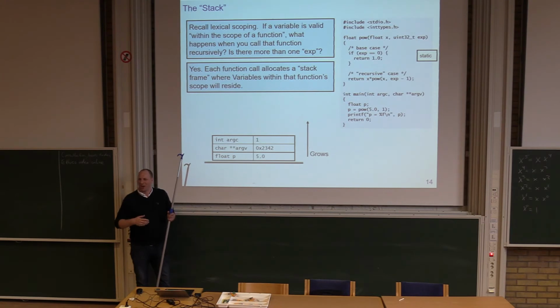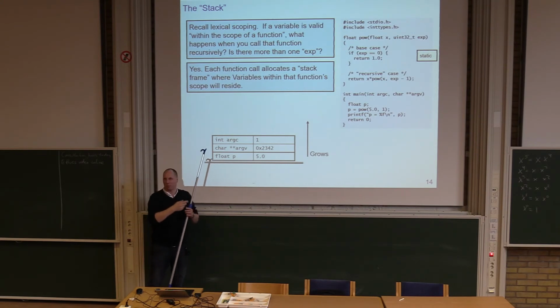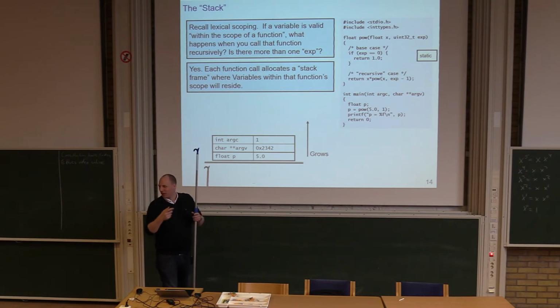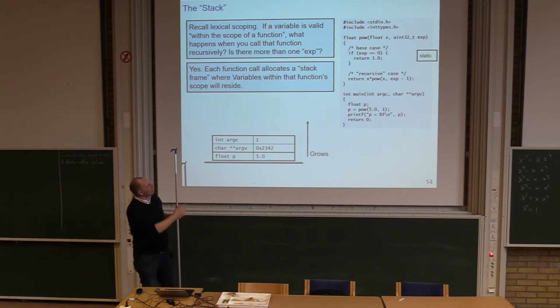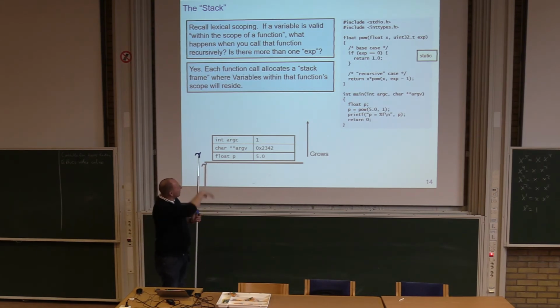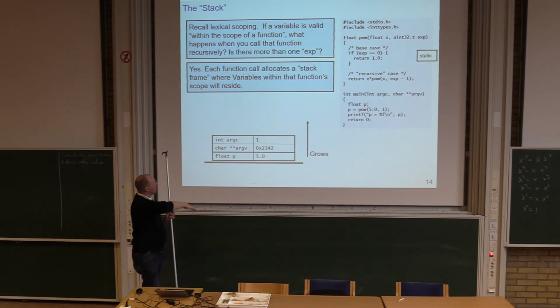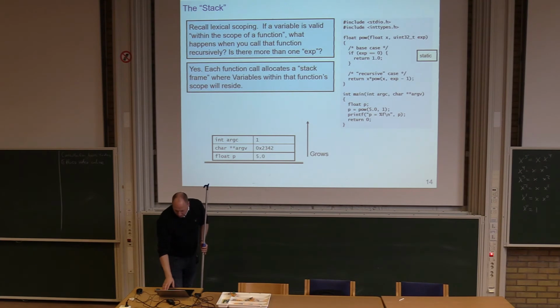If you know how the arguments are put on top of the stack when you call a function, then there's no difference between calling the same function again or calling some other function. You always put arguments on the top of the stack and then you return. You put the return value also on top of the stack, and it grows and decreases in size like that. Okay.